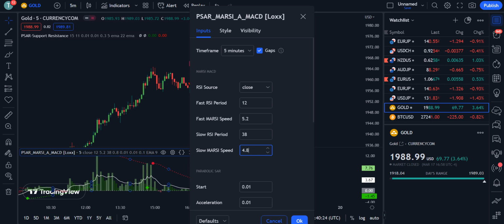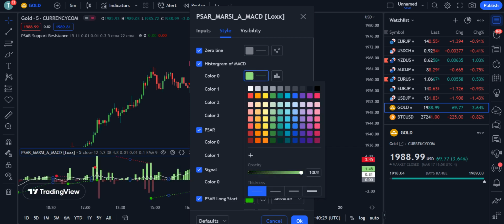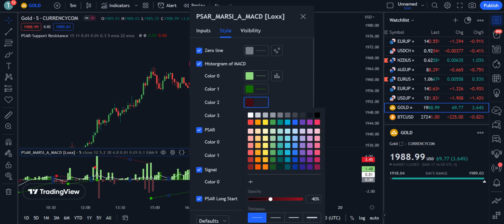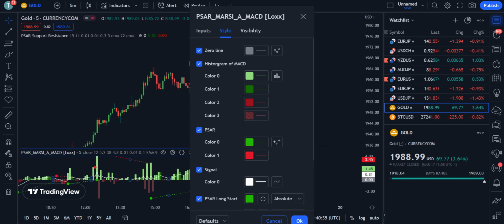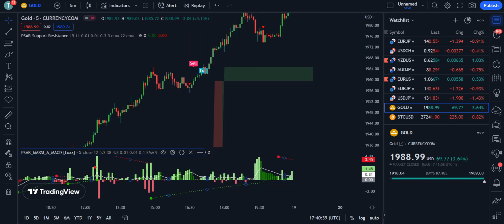We will also go into the style tab and change the opacity of all 4 colors one by one. Okay, now our chart is ready for our trade.